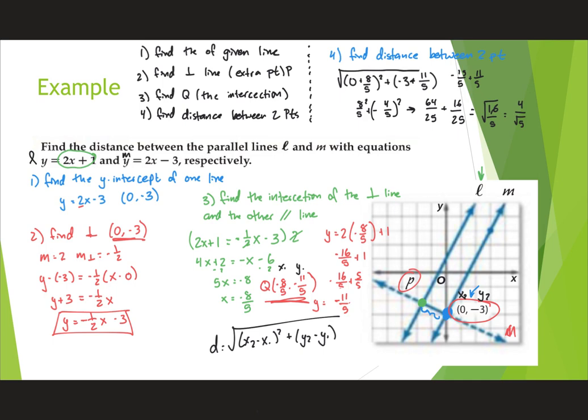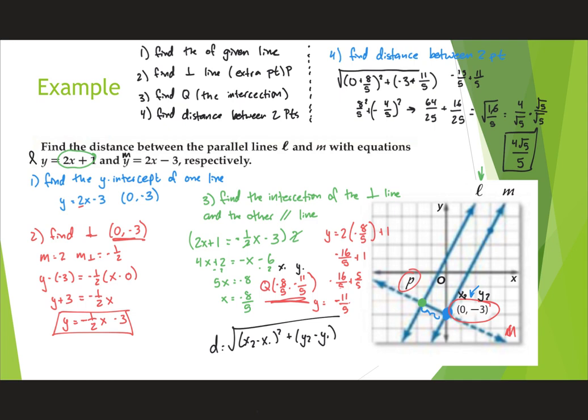However, you can't have a square root in the denominator. So we're going to rationalize the denominator by multiplying the top and the bottom by the square root of 5. And this is going to get it out of the denominator. I now have 4 root 5 on top and 5 on the bottom. This is the distance between the 2 parallel lines.